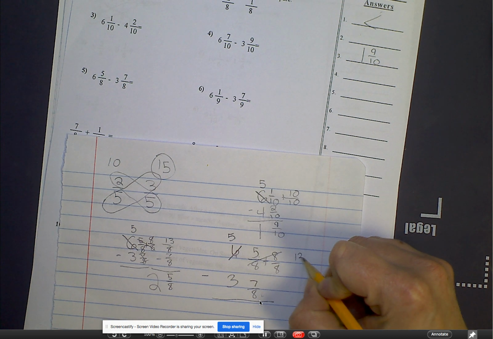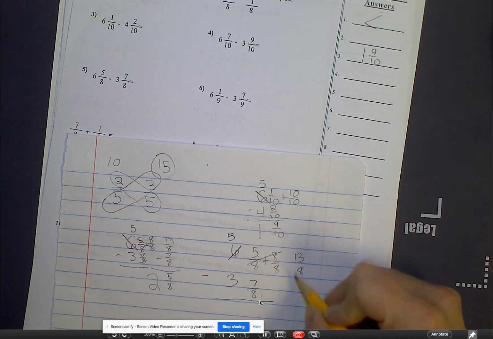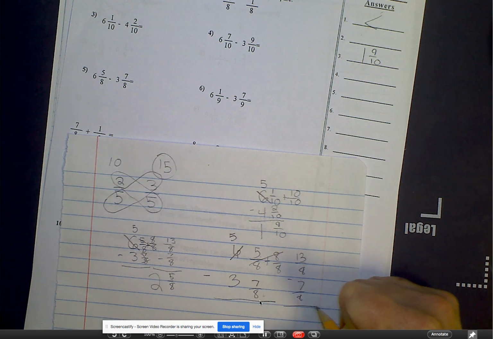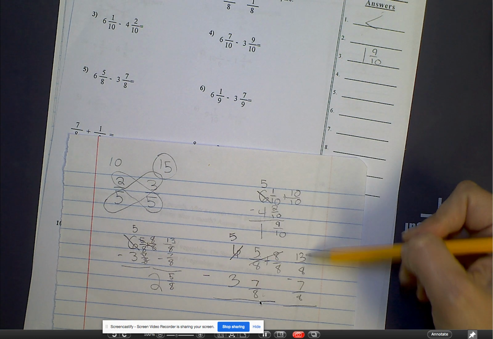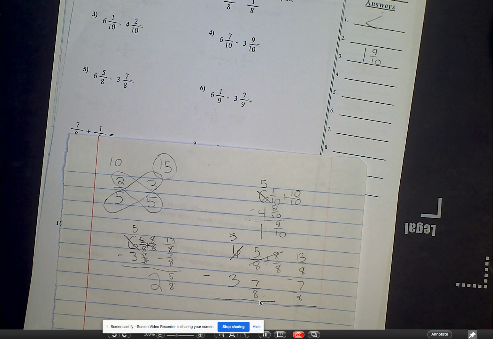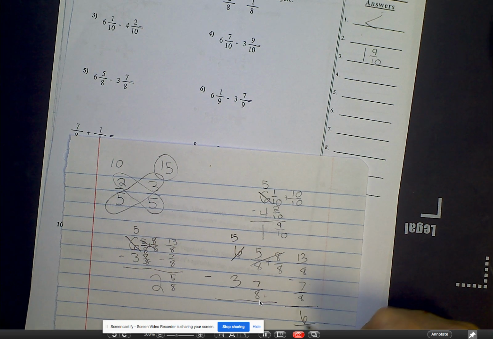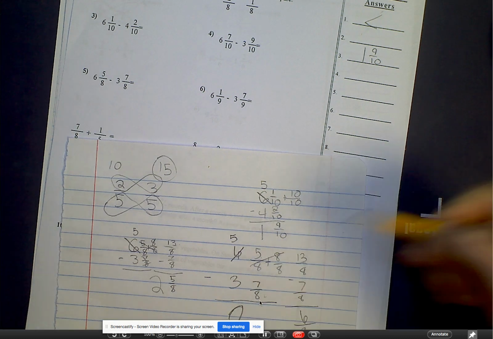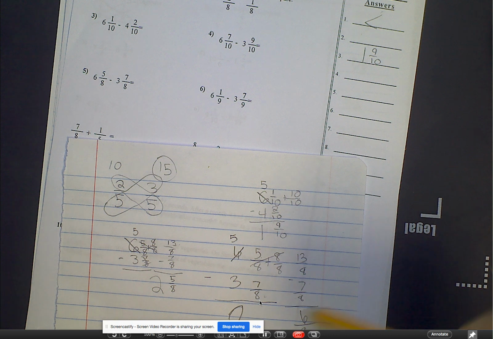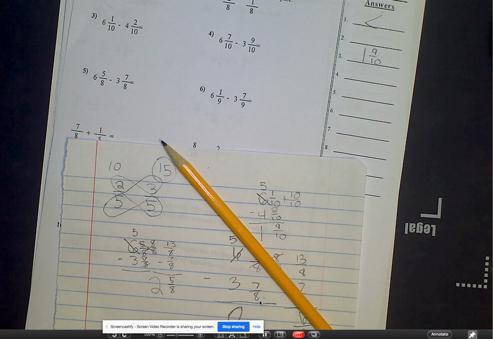This becomes 13 over 8, which you did, minus 7/8. So you said 13 minus 7 is actually 6. So I told you 5. That's totally my fault. I knew it was wrong, but I couldn't figure out what we did. So are you done now? 2 and 6/8, final answer?